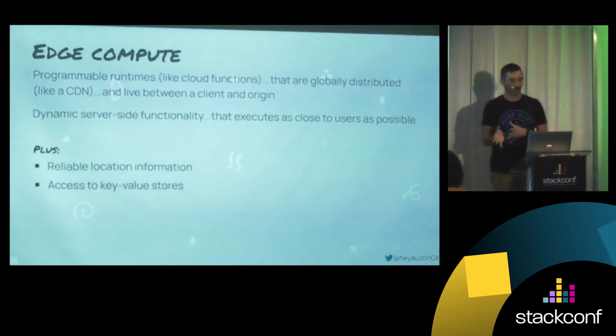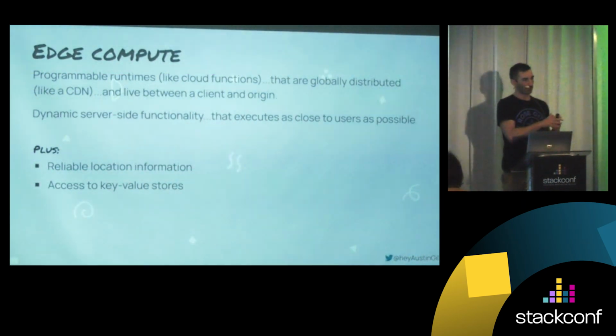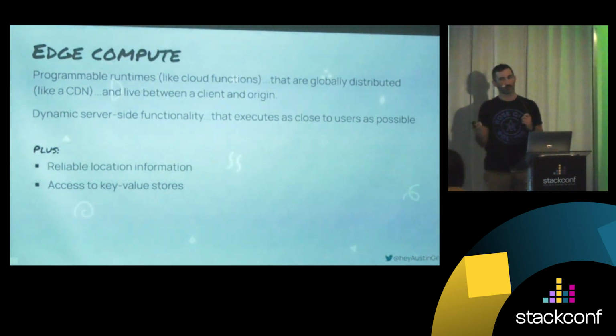In addition, a couple of bonuses to edge compute is you generally have a reliable location for where that edge node is. So this adds a little bit of an interesting paradigm shift from a traditional server, because when you deploy a traditional server, you decide where that's going to be deployed to, so you already know where it is, but it doesn't tell you anything about where the user is.